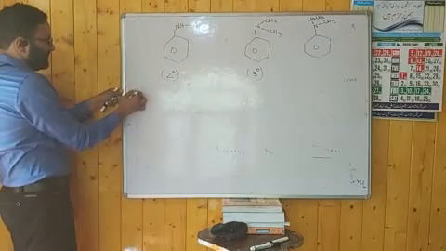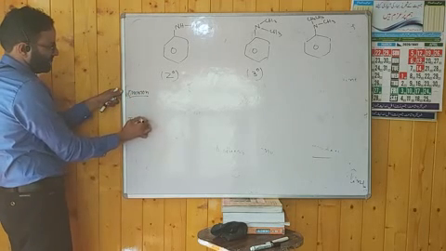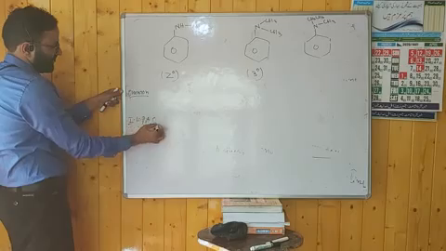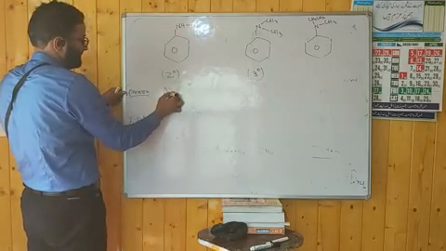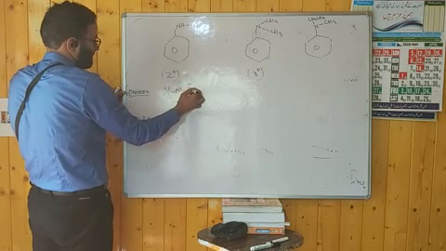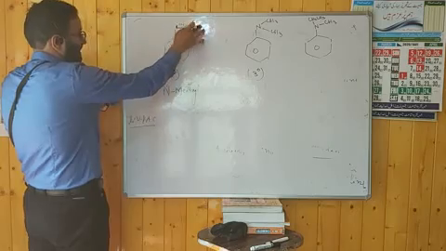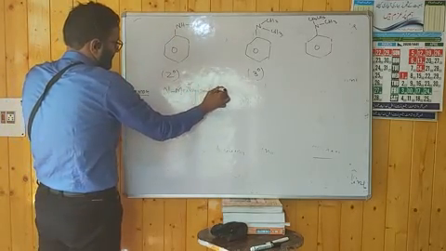You have to mention common and you have to mention IUPAC. How can you name the common? N-methylaniline. What will be the IUPAC?